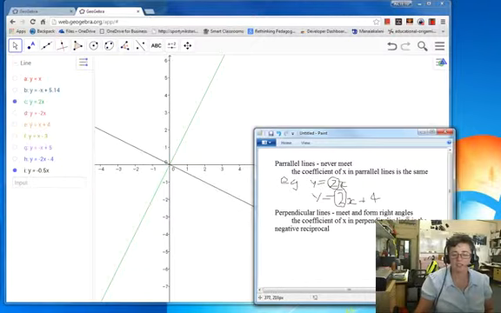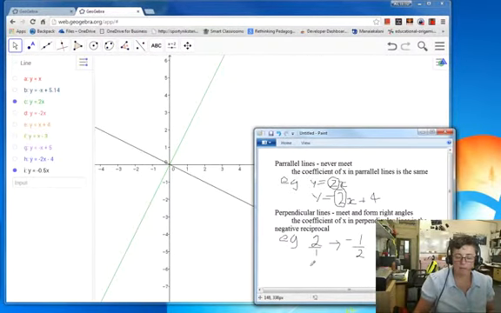The coefficient of x in a perpendicular line is a negative reciprocal. E.g., if we have the number 2, it's the same as 2 over 1. So our negative reciprocal is minus a half.